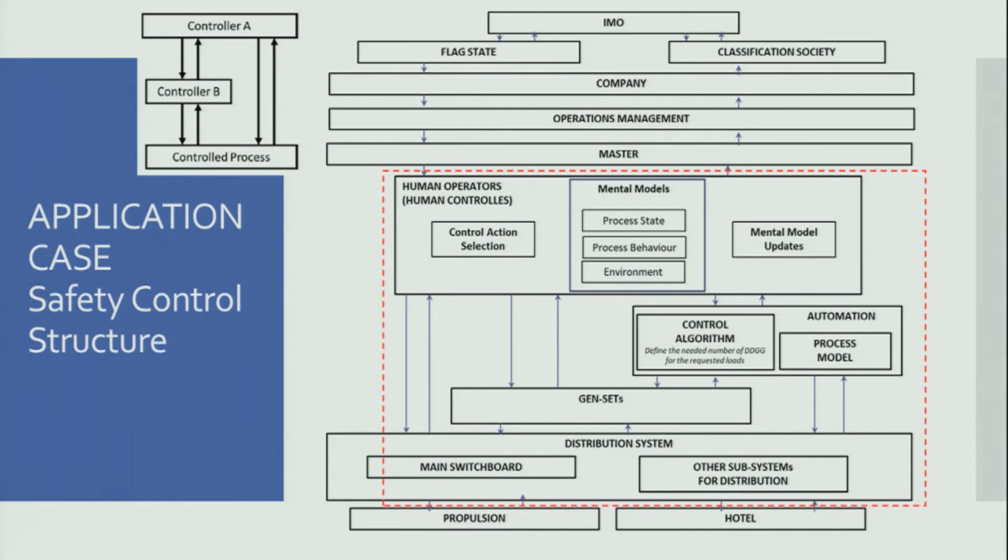It is possible to discuss a safety problem at a very high level. But we are going to focus for our paper just on this frame. So we are going to take into account the human controller, the automation, the diesel generator, and then, of course, the distribution system for the propulsion, and then for the hotel services.